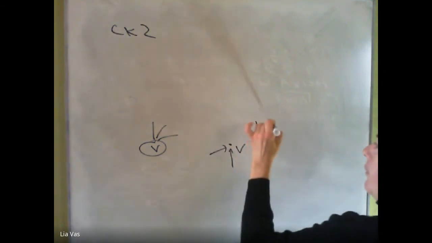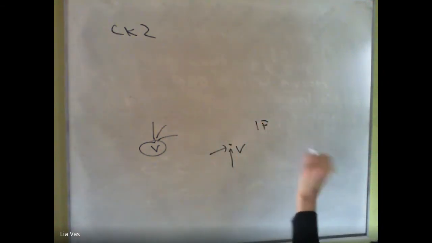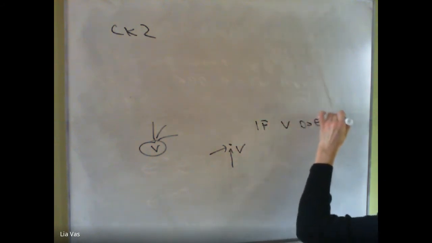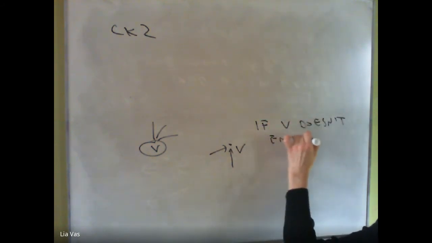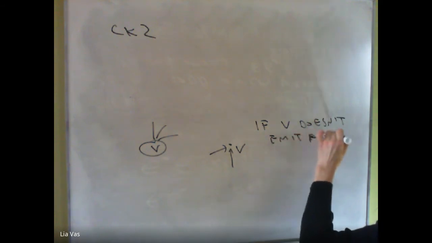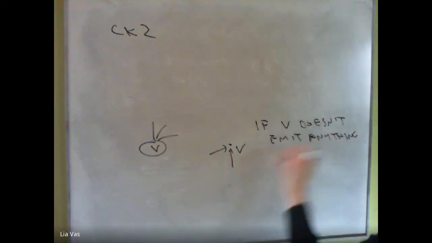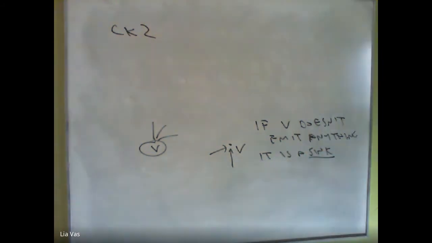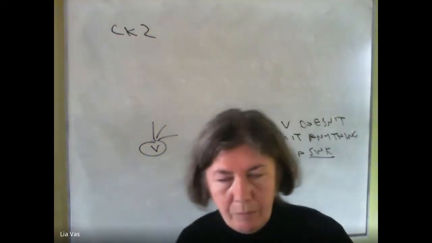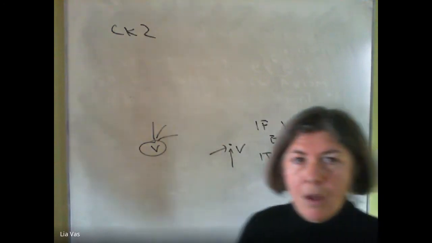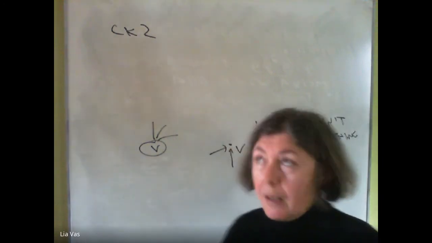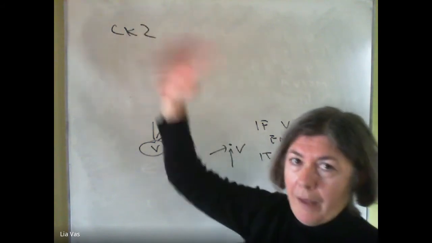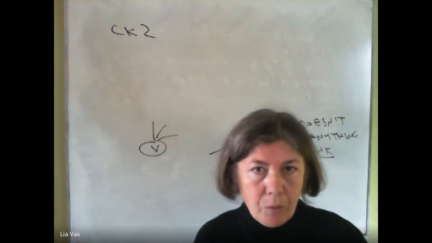So if V doesn't emit anything, we call it a sink. And we don't care about these vertices right now. So if V is a sink, we don't have anything added for V, right?